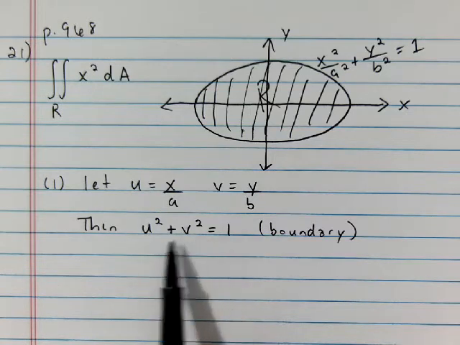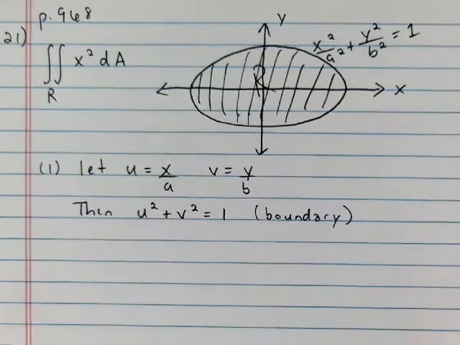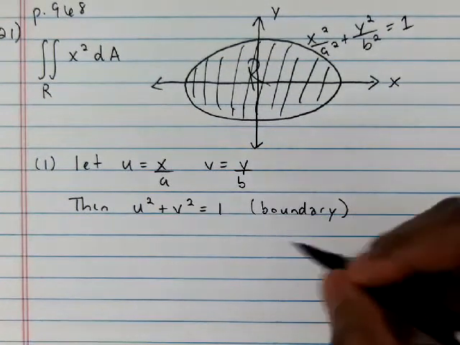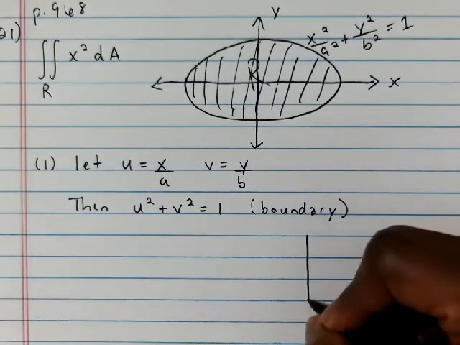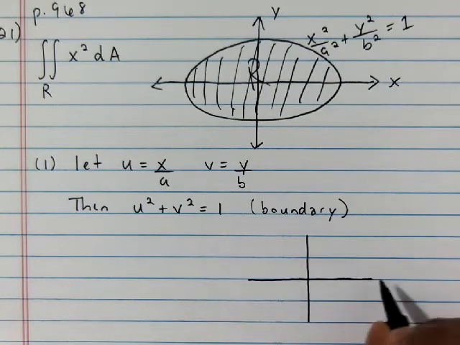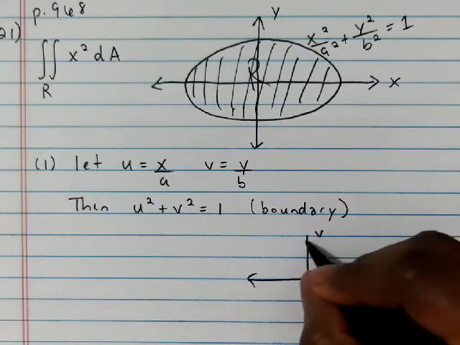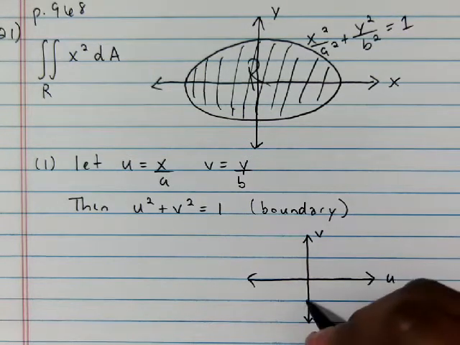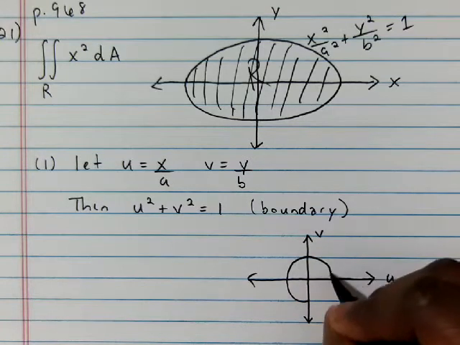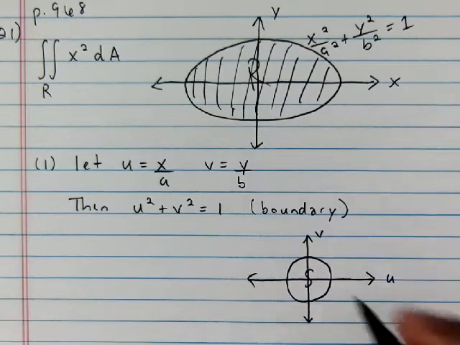We find the boundary of the region S in terms of u and v, and it so happens this is a circle, and we want something over which we know how to easily integrate. So now in the UV plane, we get a circle of radius 1 centered at the origin. So that's S right there.